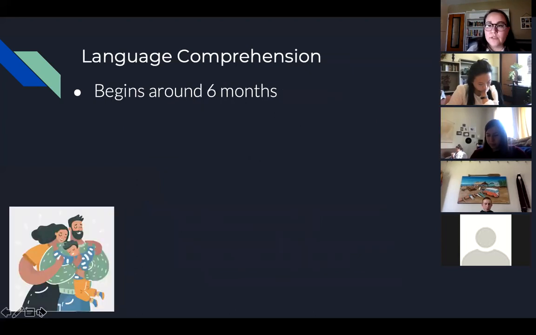So now we're going to switch from talking about speech production to talking about understanding language. Evidence shows us that infants show the early signs of comprehension around 6 months of age. And there have been some studies with infants and their ability to recognize their own names.